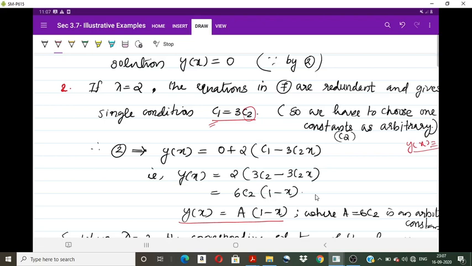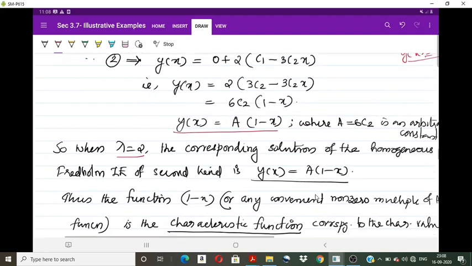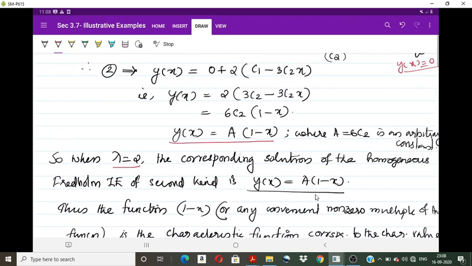When we take A as 1, we get 1 minus x. So when lambda equals 2, the corresponding solution of the homogeneous Fredholm integral equation of the second kind is y of x equal to A into 1 minus x.